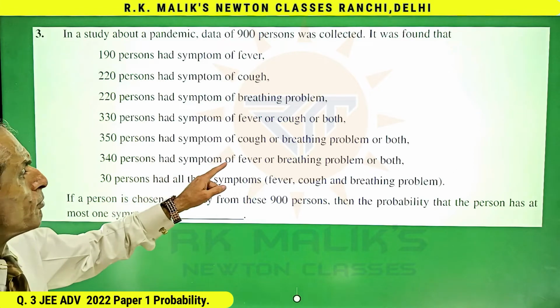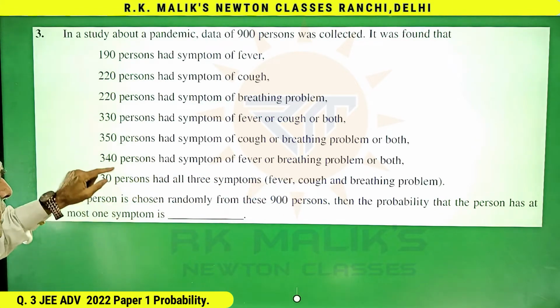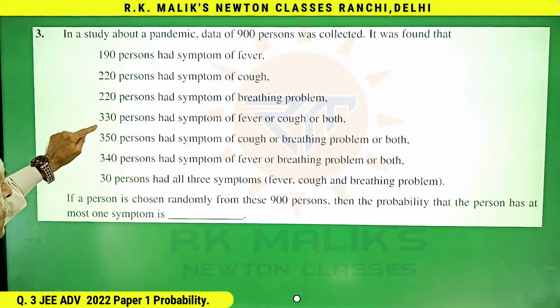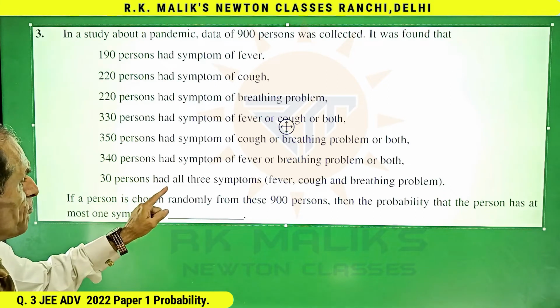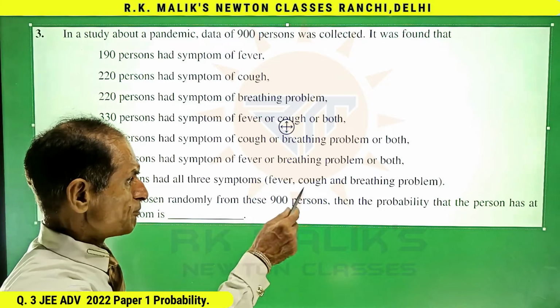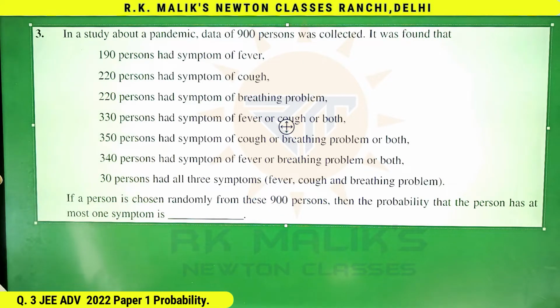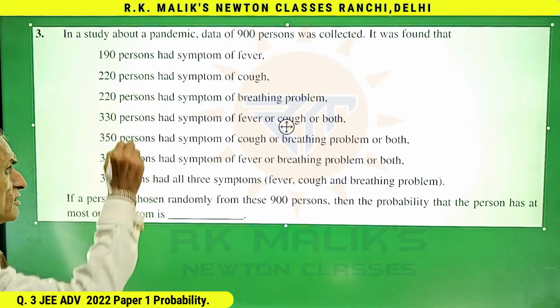340 had problem of fever or breathing problem or both. That is union of this and this. And 30 had problem of all the three symptoms, that is fever, cough and breathing problem. That is intersection of this and this.